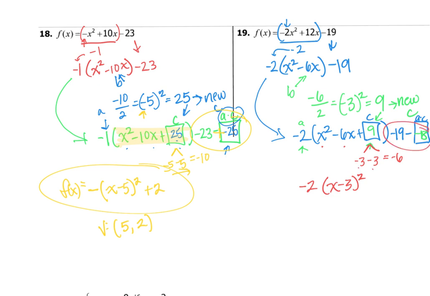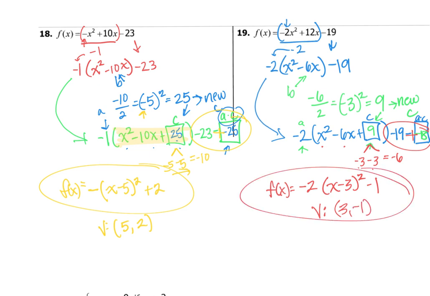On the outside, we have -19 minus -18, which really means to add 18, which adds to -1. So we would have f of x equals -2 times x minus 3 squared, subtracting 1, which shows me that the vertex is at +3, -1. Okay, so that's converting to vertex form by completing the square.